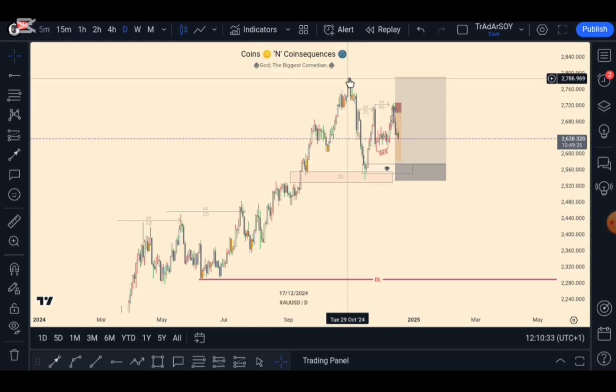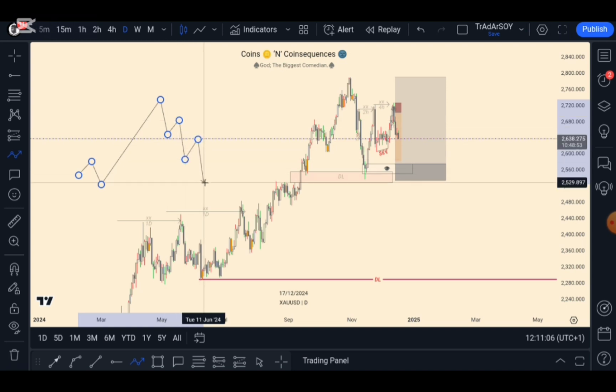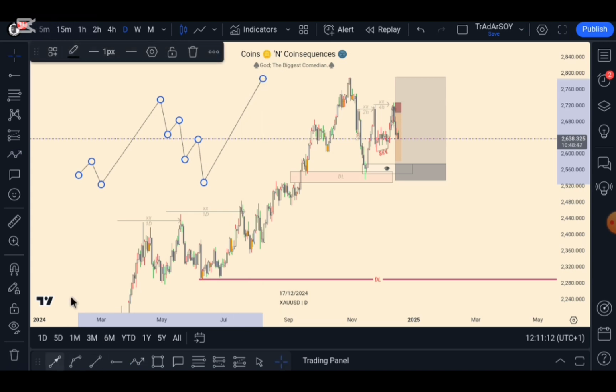What do I mean by that? For those who do not know, I'm just going to say this real quick. Price action has to do with the movement of the trend, a reversal, then continuation. It's as simple as that.